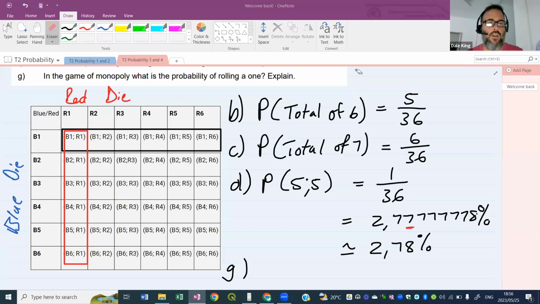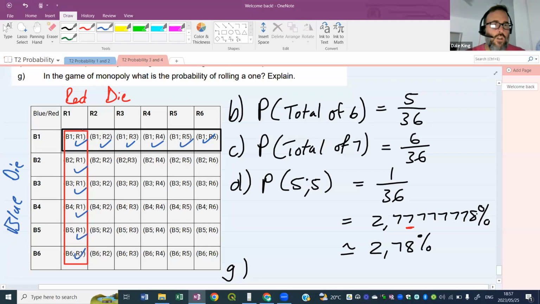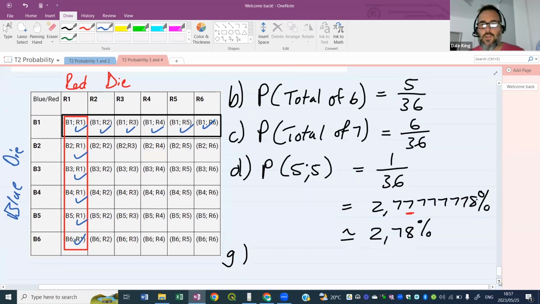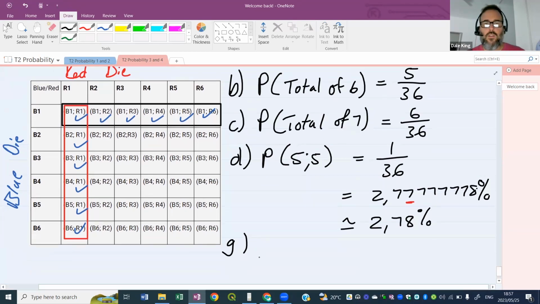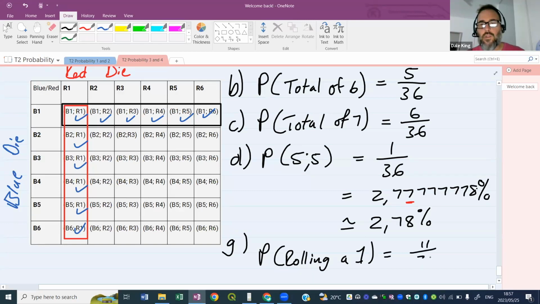Okay, there we go. So let's count it. 1, 2, 3, 4, 5, 6, 7, 8, 9, 10, 11. Don't count that one twice. Just count it once. So the probability of rolling a 1 is 11 out of 36.